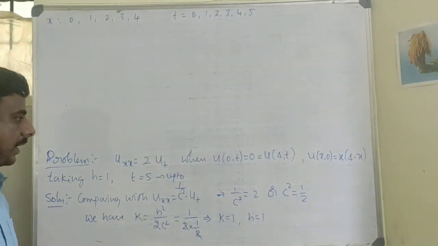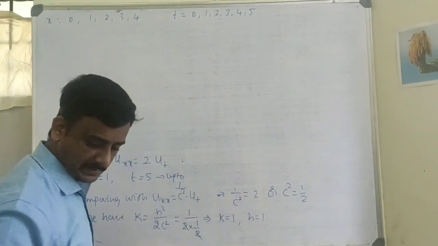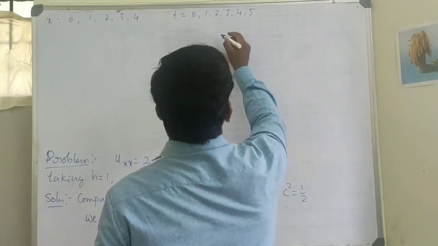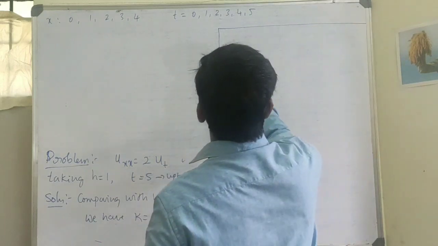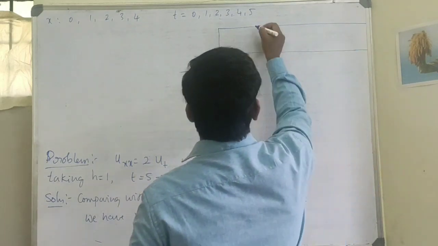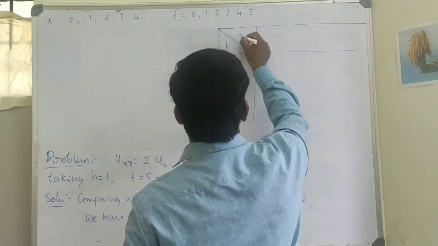Next, we need to write the basic informative table. So the basic informative table is as shown here. Here the values of t and x.